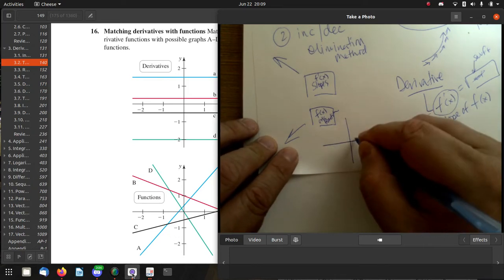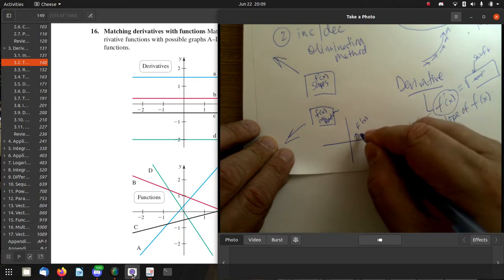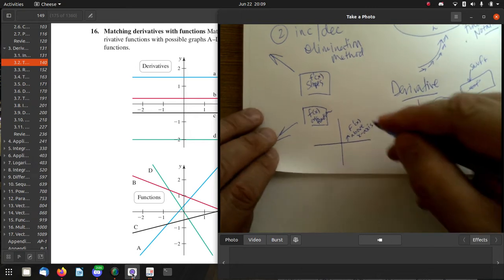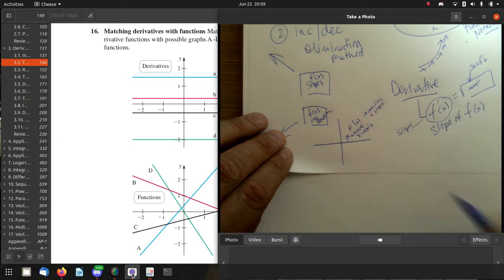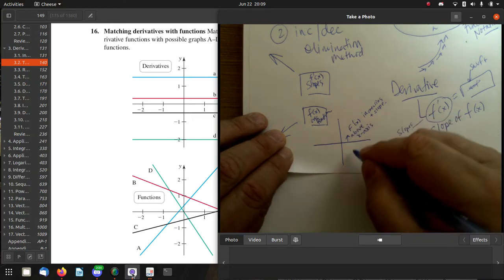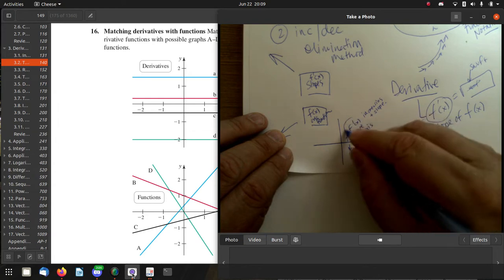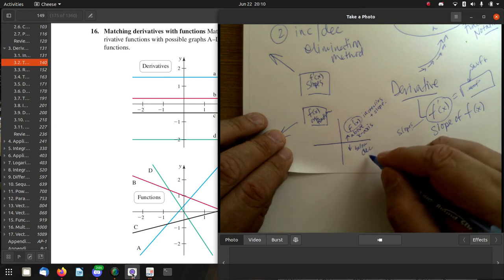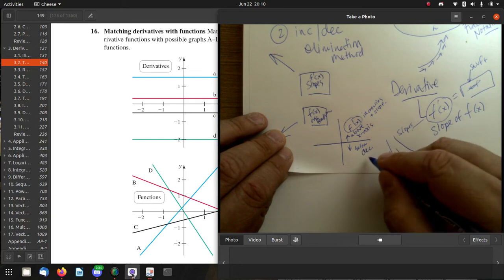When you think of derivatives, if it's f prime and you're above the x-axis, then that means the original function was increasing, or had a positive slope. And if you're below the x-axis, that means decreasing. This is for the graph of any type of function for f prime. If you're below, then you had a negative slope, which means you were decreasing.